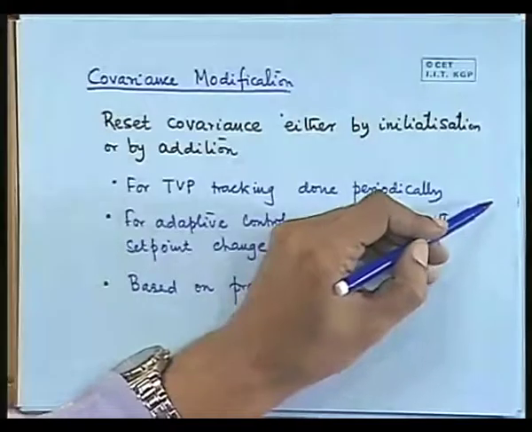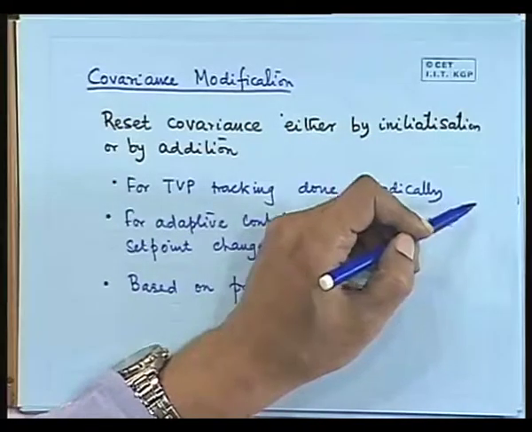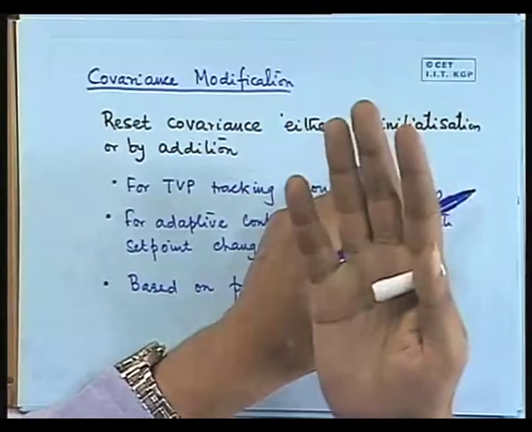Now the problem is, suppose you have a case where the parameters change with the set point. The linear model parameters of a boiler operating at 50% load are different from the parameters of a boiler operating at 100% load.